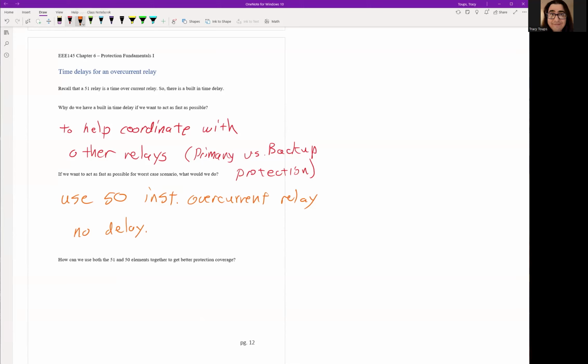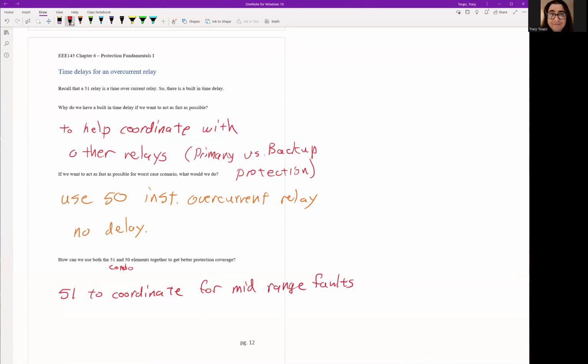Now, what about everything else besides the worst case? This is where that combo relay we're talking about, that 50-51 combination, will come in. We can use the 51 element to coordinate with other relays for what we call mid-range faults.